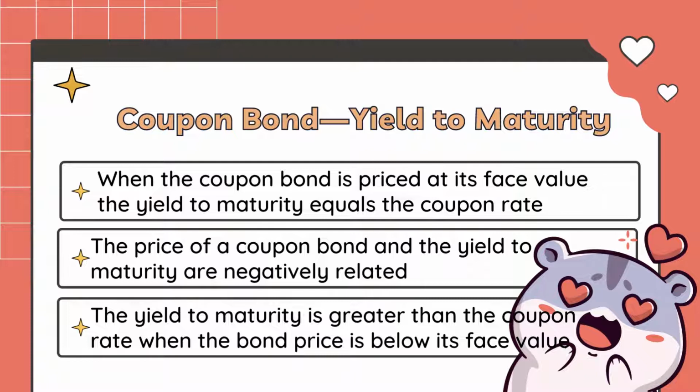The price of a coupon bond and the yield to maturity are negatively related, and the yield to maturity is greater than the coupon rate when the bond price is below its face value. Again, the yield to maturity, tandaan nyo, is greater than the coupon rate. So, mas mataas daw ang yield to maturity if the bond price is below its face value.